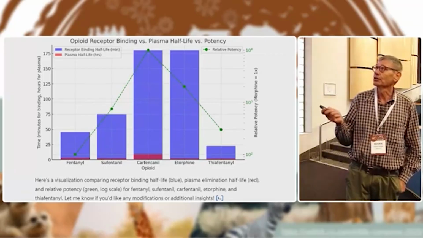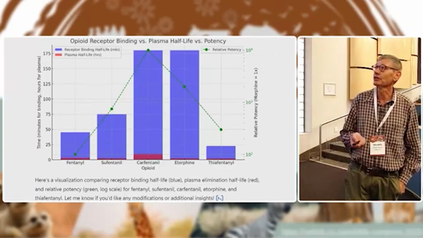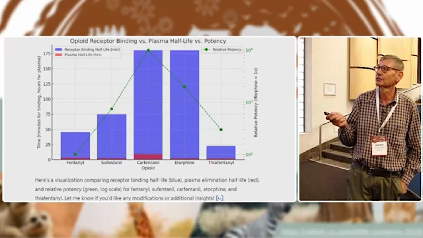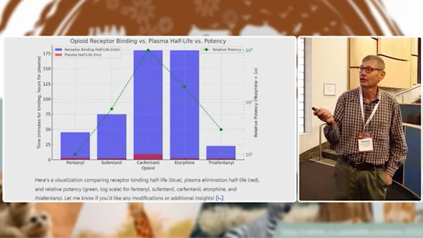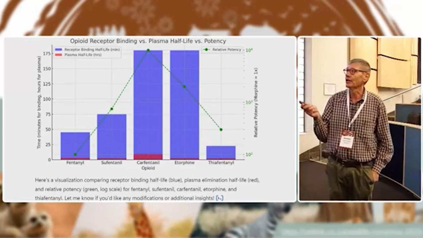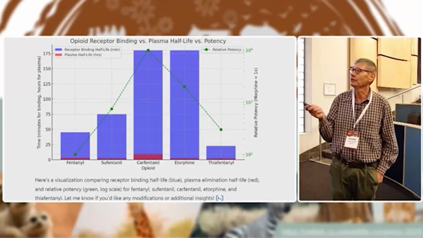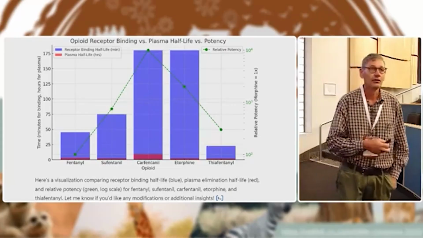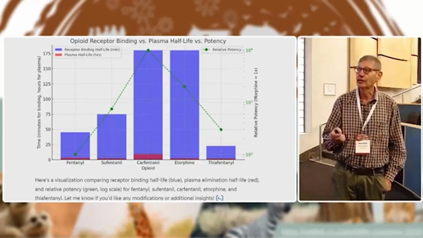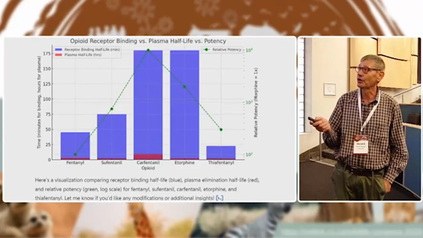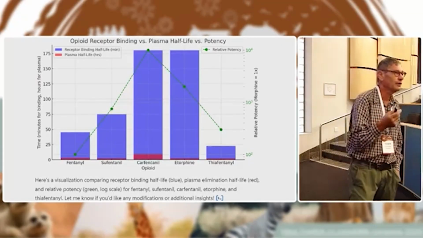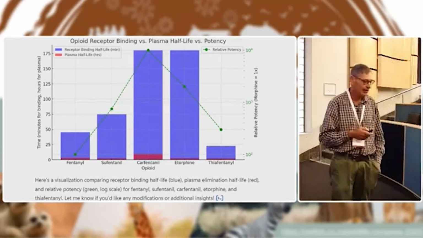This is quite important, the relative potency of the drugs that we are using. Your relative potency of fentanyl is quite a bit lower than the etorphine sitting up there and the thiofentanyl. That is what interests me in a specific scenario, where we always aimed at higher potency drugs to get a quicker downtime on a specific animal.